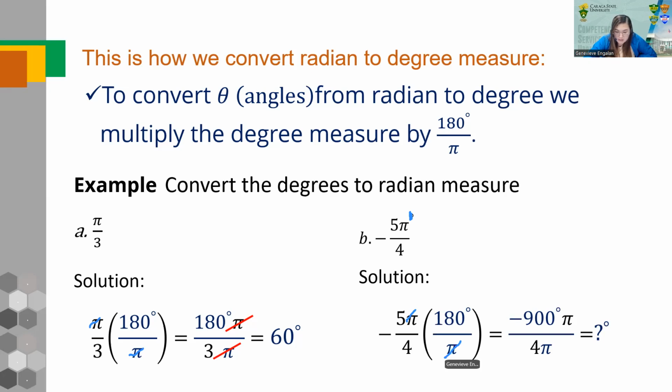You have negative 5 times 180, that is negative 900 pi over 4 pi. Cancel the pi, so 900 over 4. What is 900 over 4?